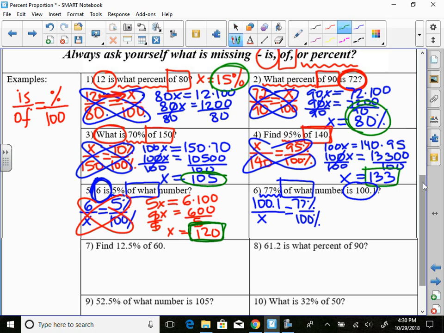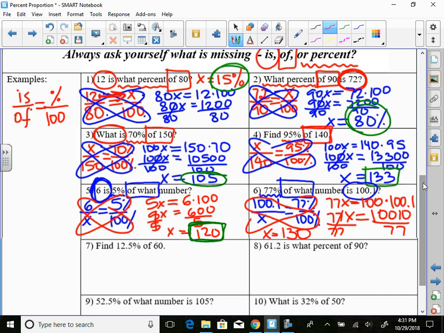Okay, I'm going to do my cross product. 77x equals 100 times 100.1. Be careful with that decimal again, just so we don't lose it. This is 10,010 divided by 77, and x is 130. I'm going to write it down right here. X is 130. Okay, so the whole again is greater than our part, so we are good to go.